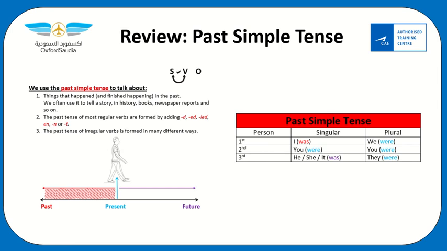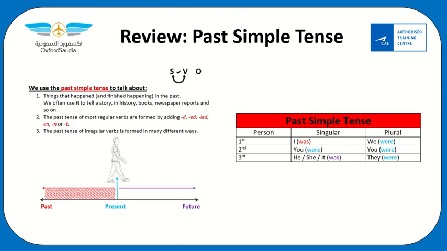Do you remember that the past tense of most regular verbs are formed by adding d, ed, ied, en, n, and t? The past tense of irregular verbs is formed in many different ways.